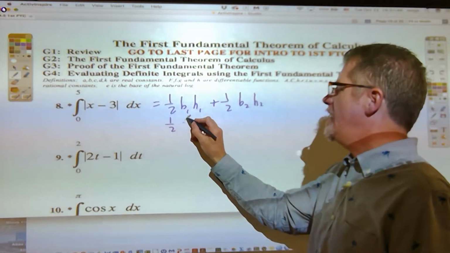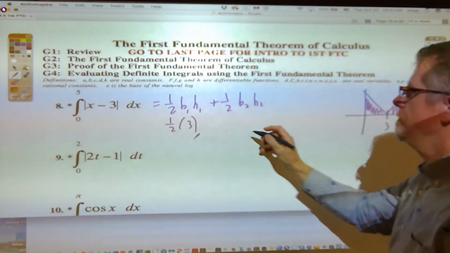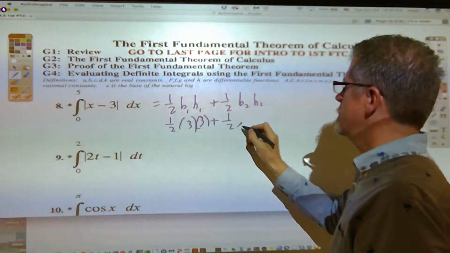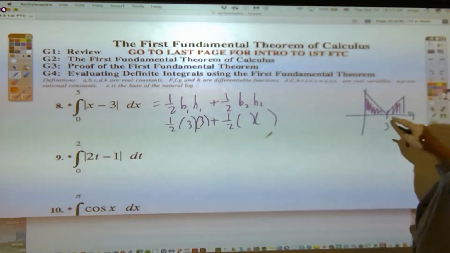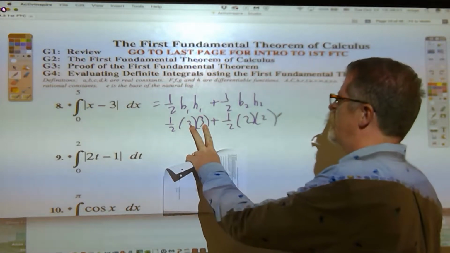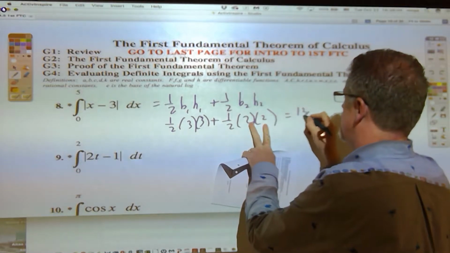The first triangle is 1/2 times base of 3, height of 3, and the second triangle is 1/2 times a base of 2 and a height of 2. So it looks like it should be 9/2 plus 4/2, which is 13/2.